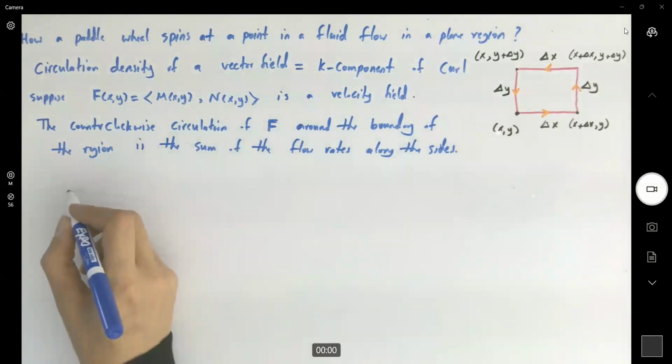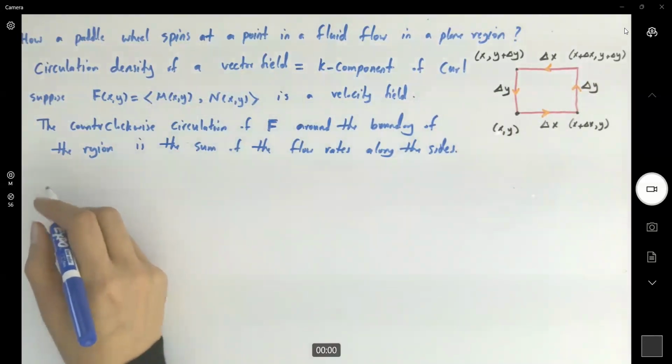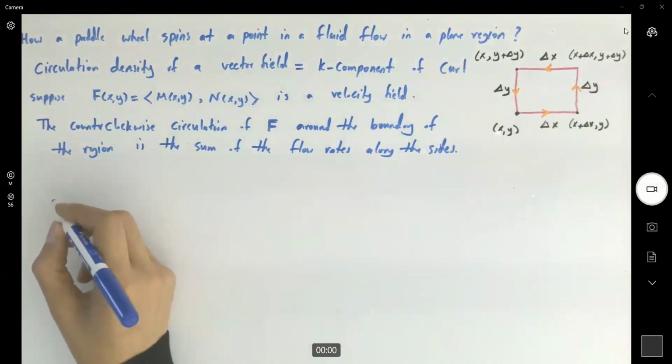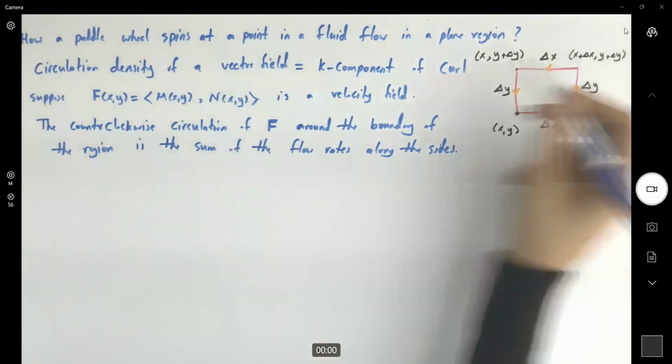Let us do the computation. We're going to find the rates of flow along the sides.